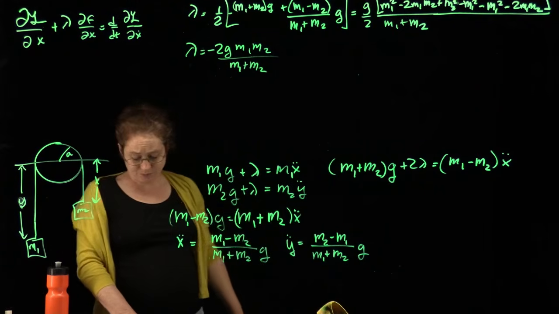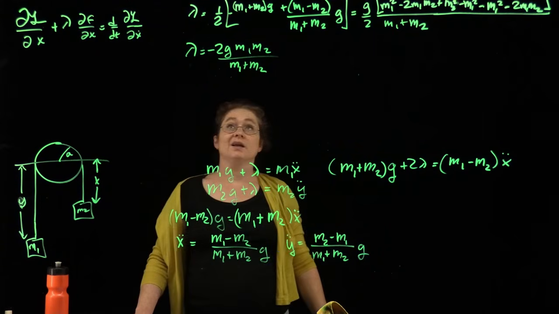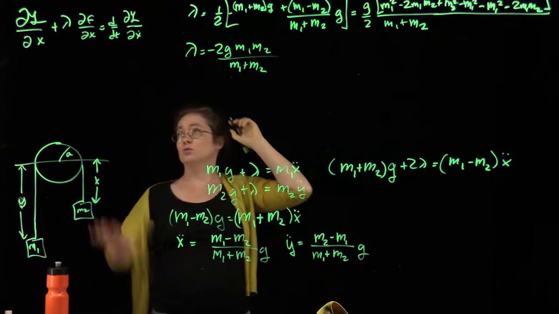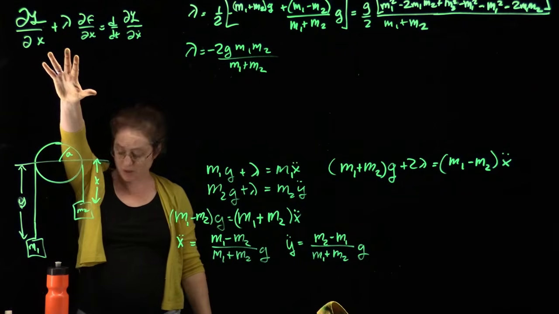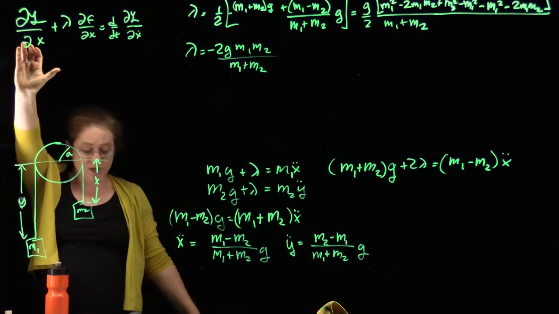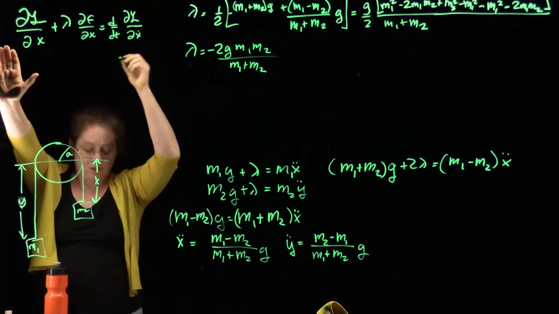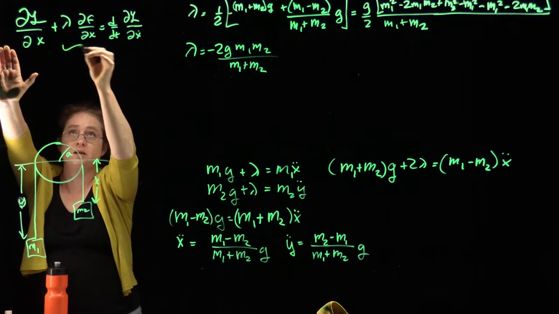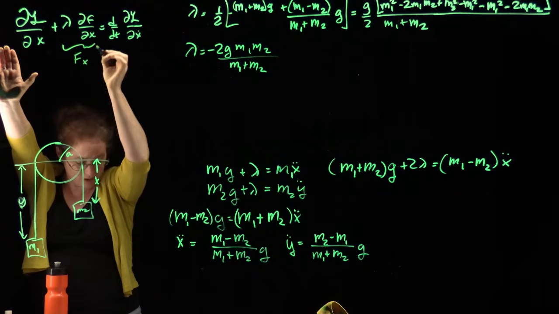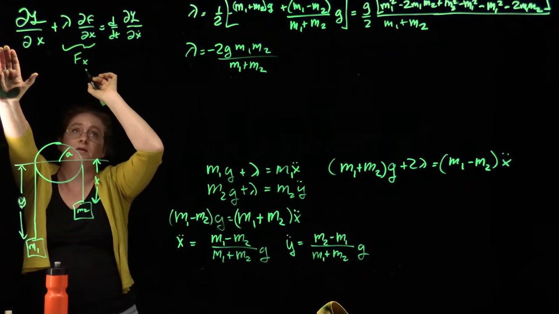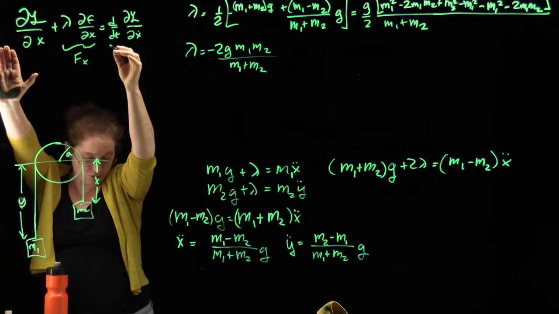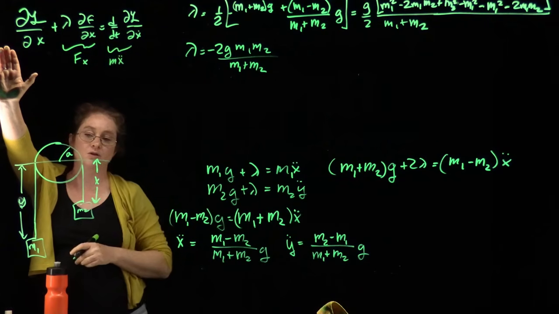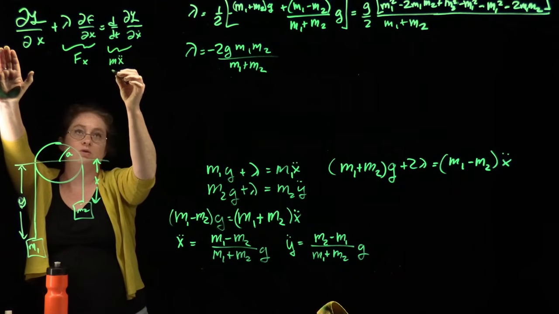And then we get to the interpretation of this lambda. When you write this form of the Euler-Lagrange equations, this is your force of constraint, and if it is in Cartesian coordinates, this is your total force.